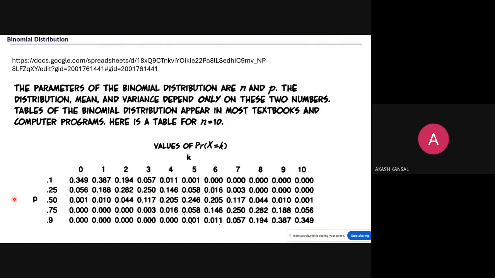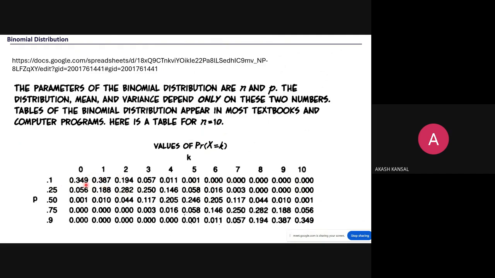Now, what will be different? Your p can be different. For example, if we toss a coin, in that case p, the probability of success, is 0.5. But there can be other experiments as well, let's say where your probability of success is 0.1. So in that case, what are going to be the probabilities of having zero successes, one success, and so on?